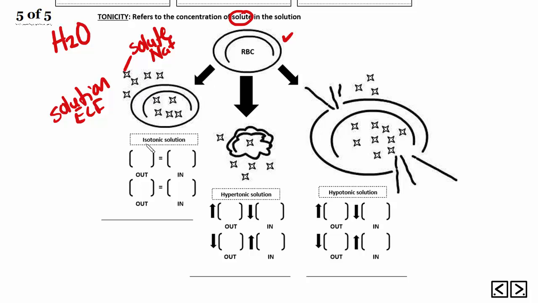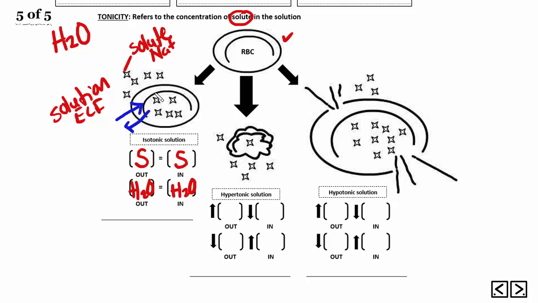An isotonic solution, iso for same, means the solute concentration outside, I'm just going to use an S for that, is the same as the solute concentration on the inside. So I've tried to draw the same number of solute particles. If the solute concentration is the same, it means the water concentration is the same on both sides, and therefore, for the red blood cell, an equal amount of water will enter and exit the cell.